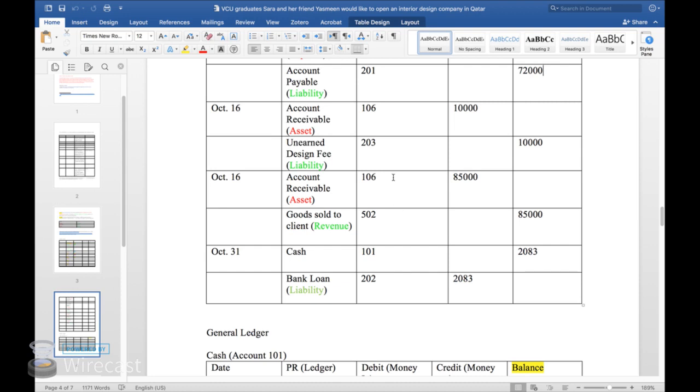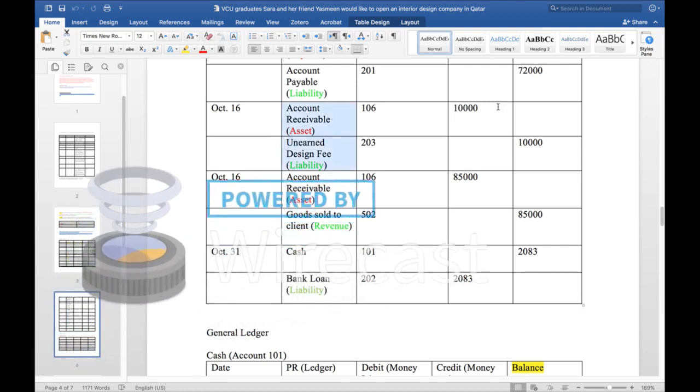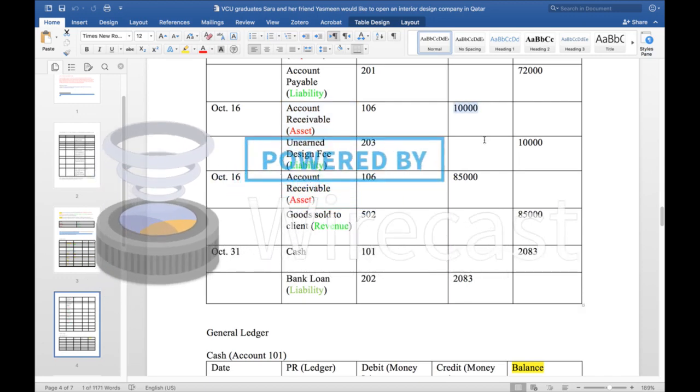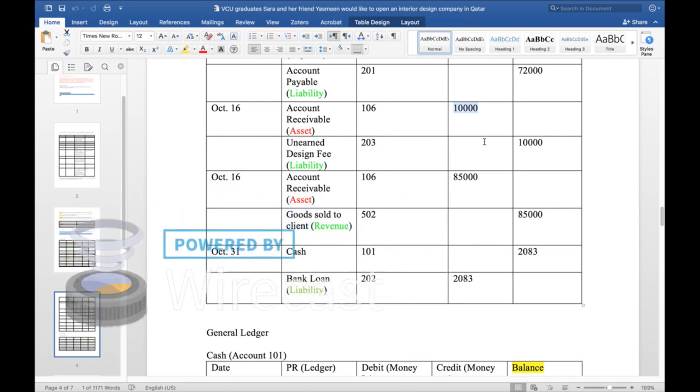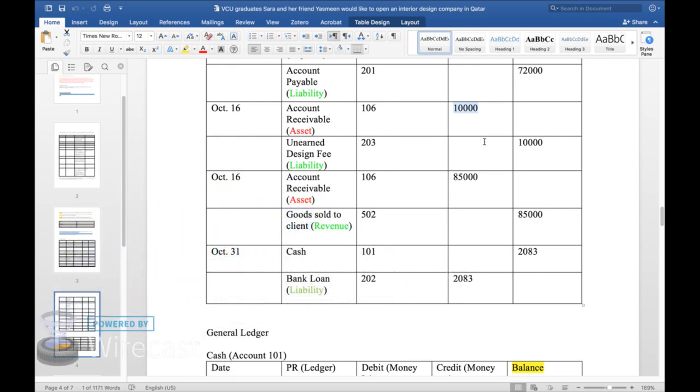Another example: here we have 10,000 recorded in the transaction. Each time there is a transaction, at least two accounts will be affected. But sometimes the trick is to know which accounts. The story about this 10,000 is that we charged the client for a job we haven't done.